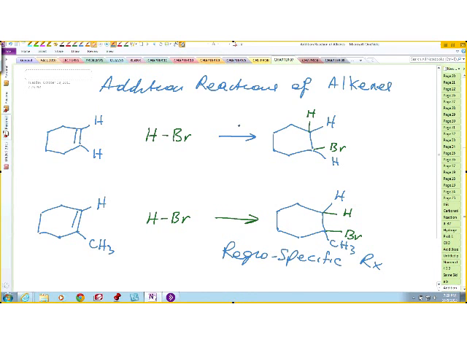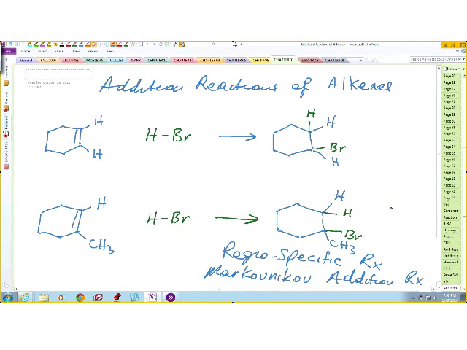The hydrogen goes to the carbon that has more hydrogen. And we also refer to this as what we call a Markovnikov reaction. We call it a Markovnikov addition reaction.